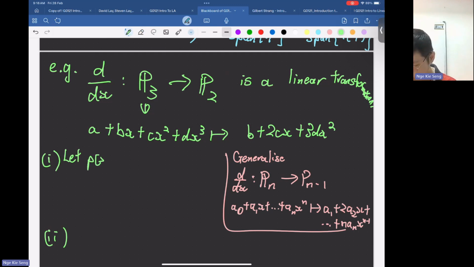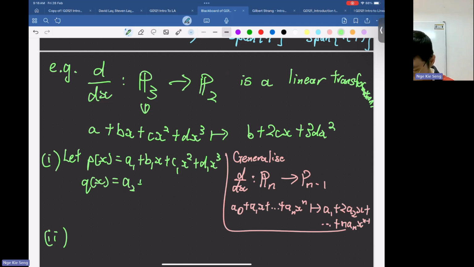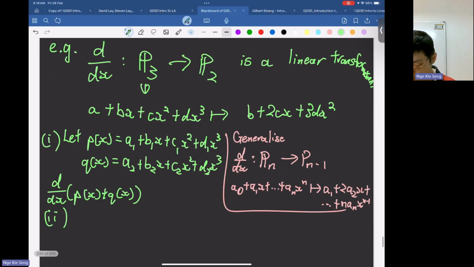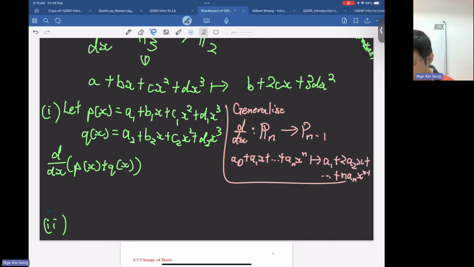Let p(x) equal a1 plus b1x plus c1x squared plus d1x cubed, and q(x) equal a2 plus b2x plus c2x squared plus d2x cubed. Now we want to do d over dx on p(x) plus q(x).